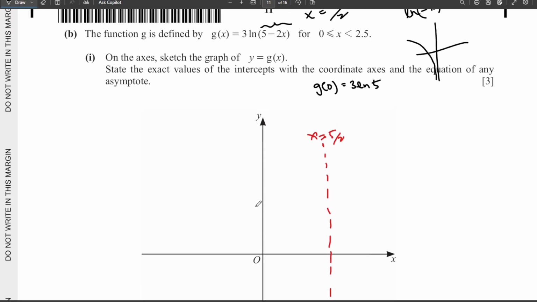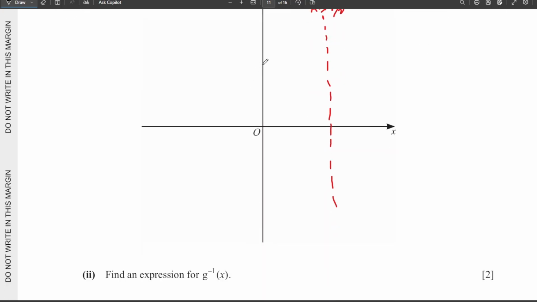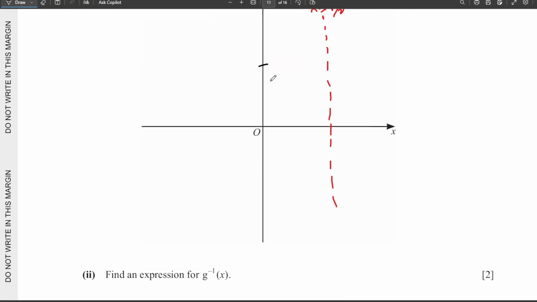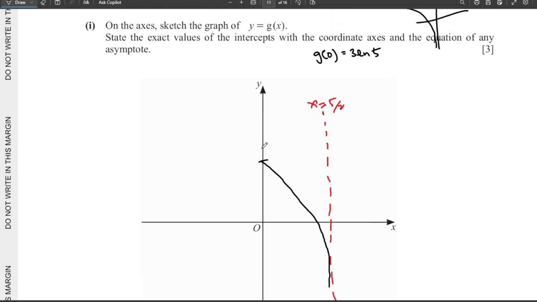So we start at 3 ln 5. Then we just draw roughly the shape, and we try not to touch the asymptote as much as possible. Okay, so here we label, it's not really horizontal at this point, but better. So here is 3 ln 5.